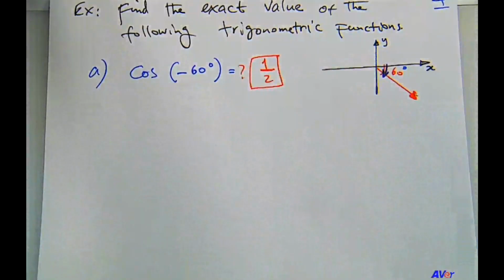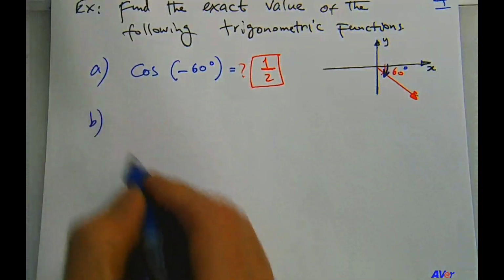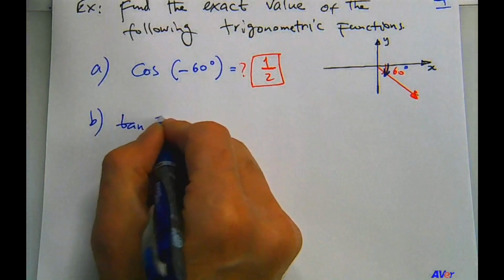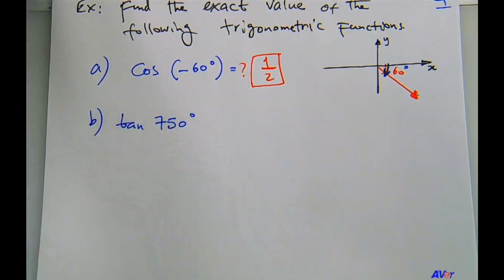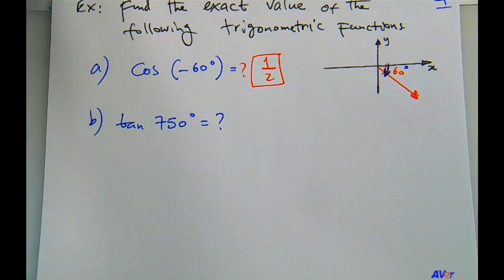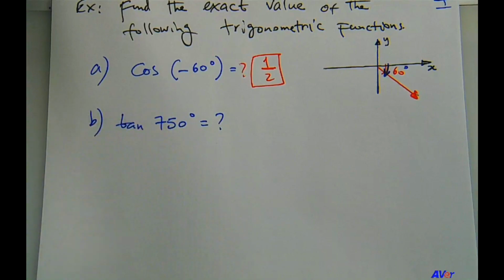Okay, so for part B, let's calculate the tangent of 750 degrees. Right? So that's the question. Well, let's figure out where this is.